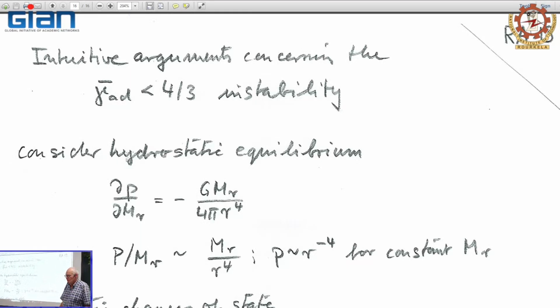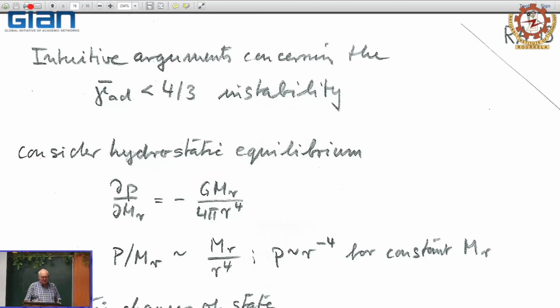So if we want to keep our star in equilibrium and we try to compress it, then the pressure has to rise like r to the minus 4.